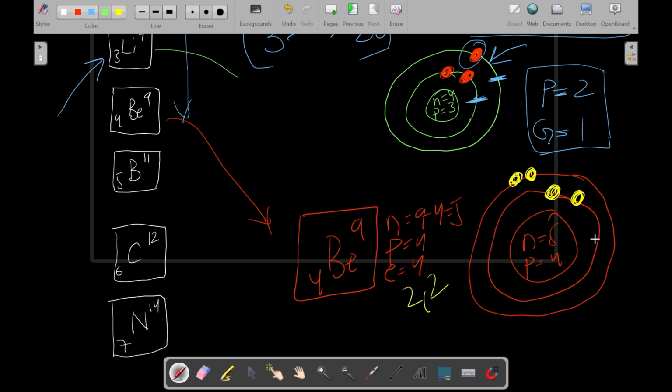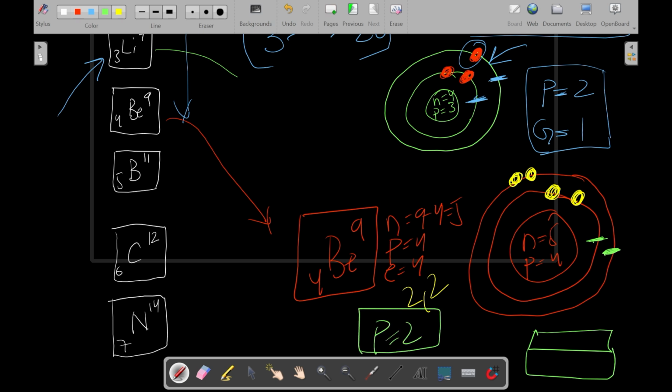Now, if we see the number of shells, we have 2 shells. So it will probably be in the second row. Beryllium is going to be in the second row. So the period is going to be 2 because the number of shells describes the period, the horizontal rows.